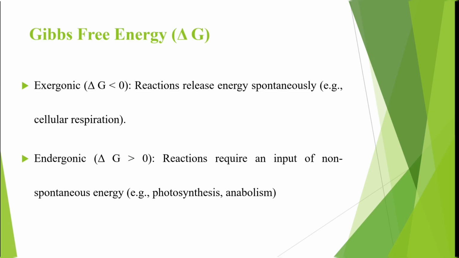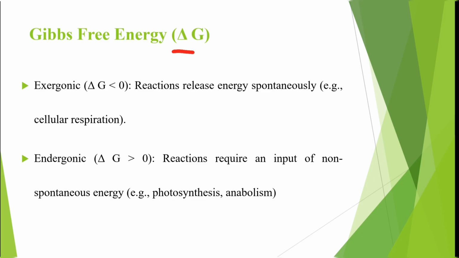Then what is Gibbs free energy or delta G? It is the amount of useful work a system can do at a set temperature and pressure. So it is the amount of useful work that can be done by a system at a particular temperature and pressure.